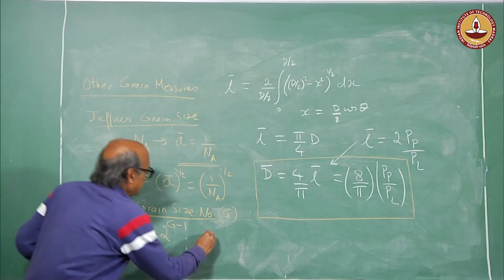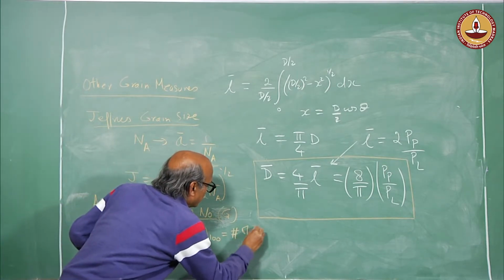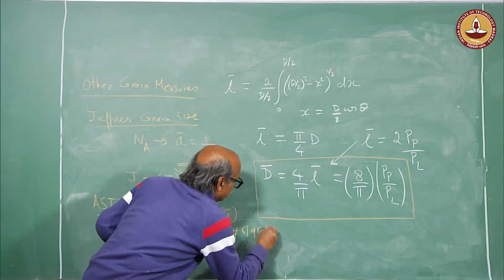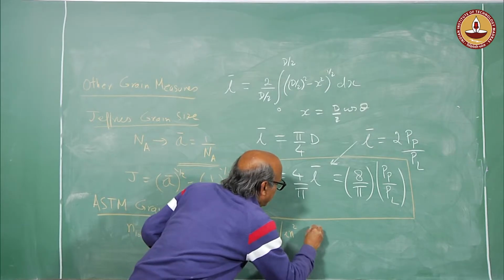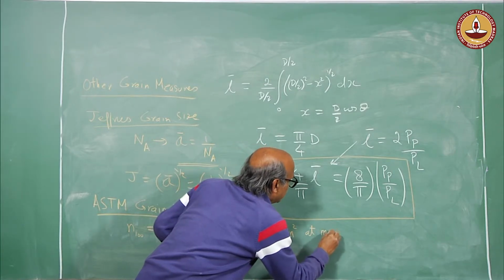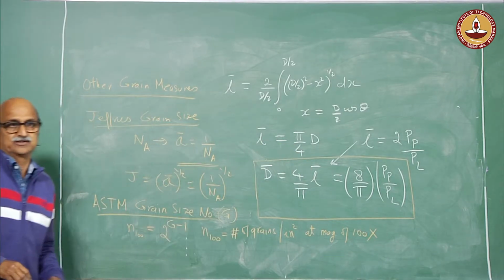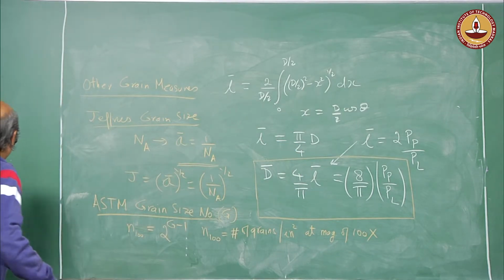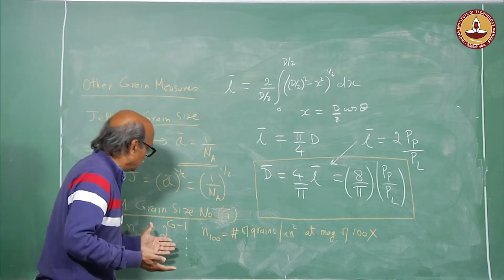N 100 is the number of grains per inch square at a magnification of 100x. Okay. This is a very old measure, and since it is still used in industry, you should know this.